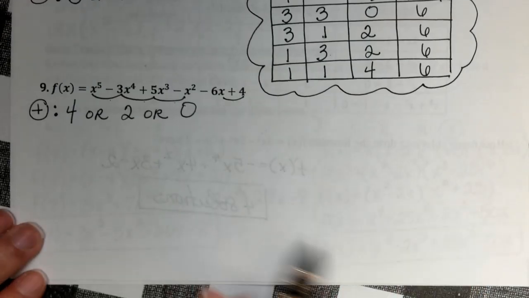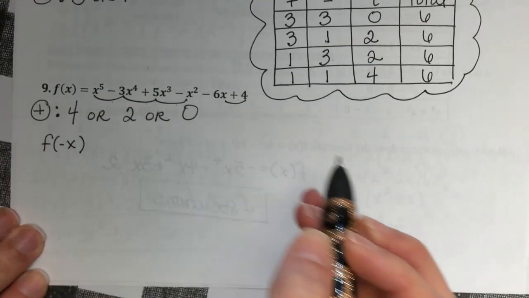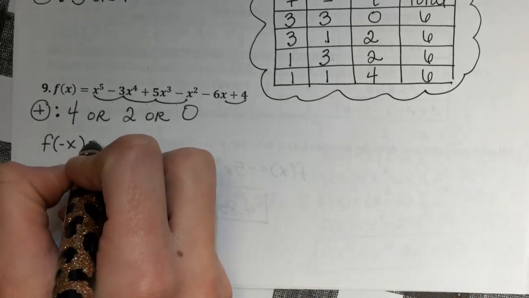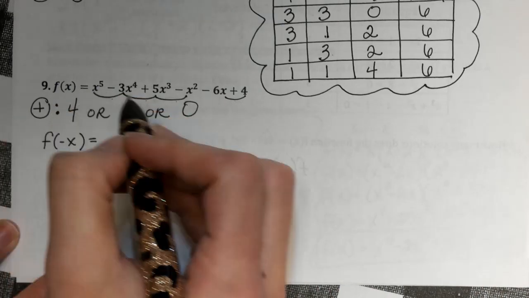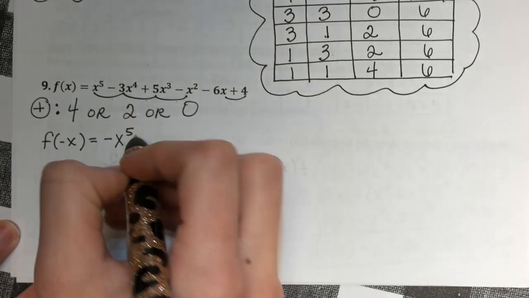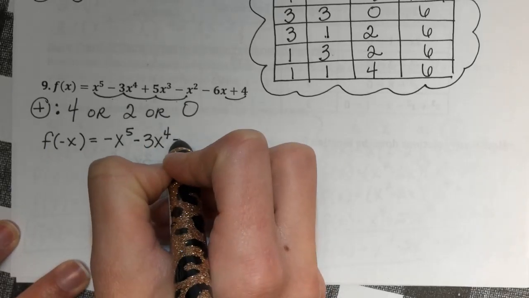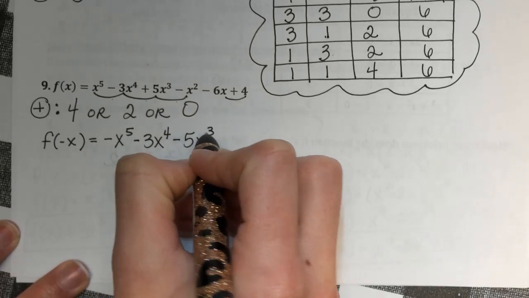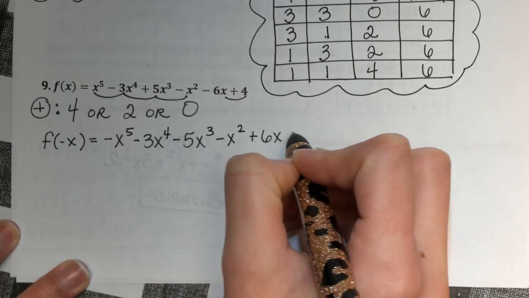Okay? So now I'm going to do f of negative x to look at my possible negative real zeros. Can we do the shortcut? Alright, it's going to become negative x to the 5th, stays negative 3x to the 4th, minus 5x cubed, minus x squared, plus 6x plus 4.